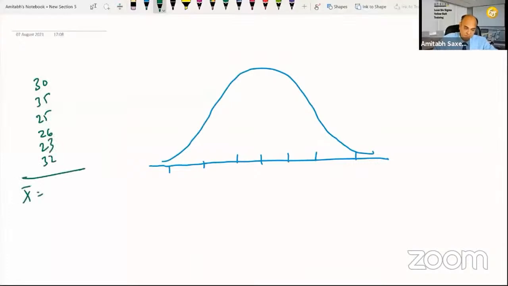It will always have an average. And it will also have something called standard deviation. Now, how to calculate the standard deviation? I will not be covering this in this module, but just be aware of the fact that standard deviation exists. Nowadays, you can easily calculate using tools.